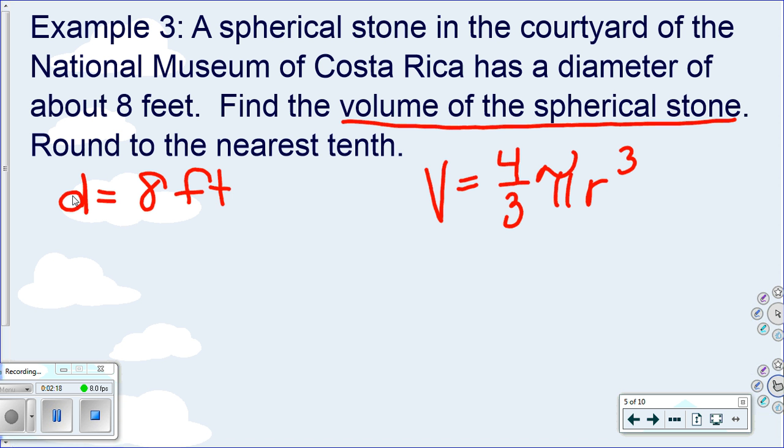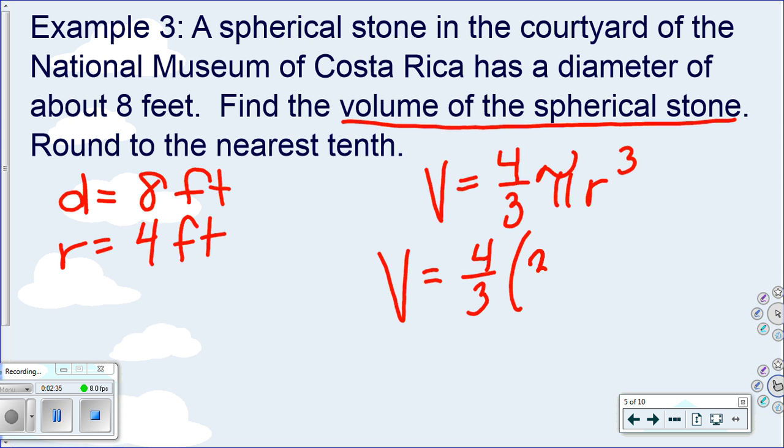Do I need a diameter or do I need a radius? Radius. Diameter is from one side of the circle to the other. Radius is half of that, so our radius is 4 feet. So let's write down what we're going to plug into our calculator: 4/3 times 3.14 times 4 cubed.